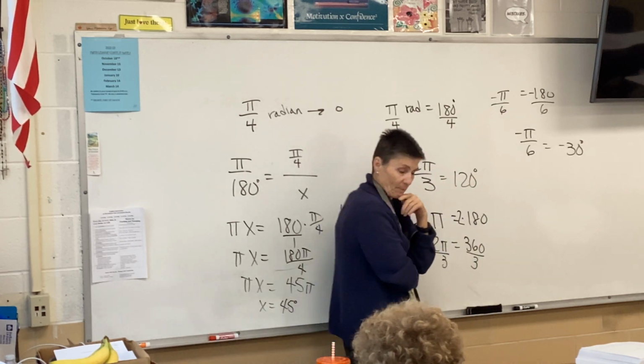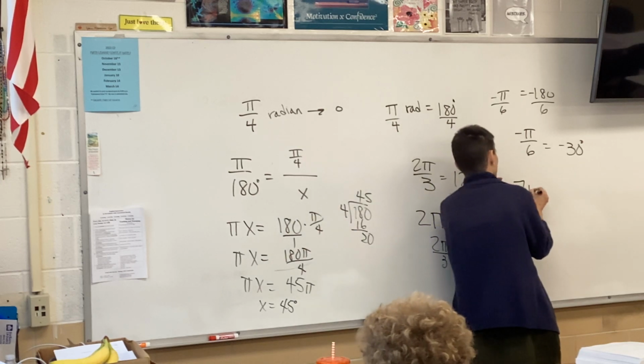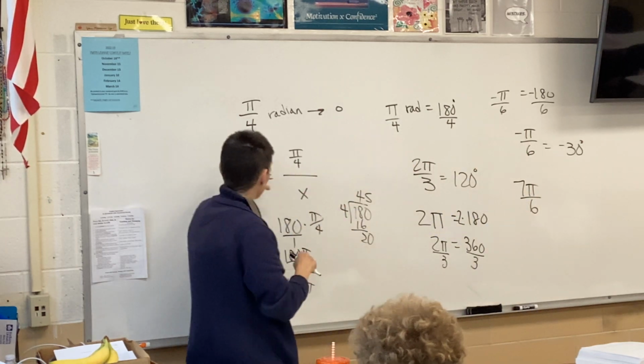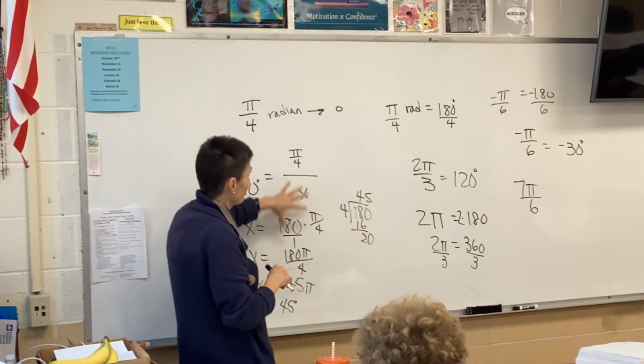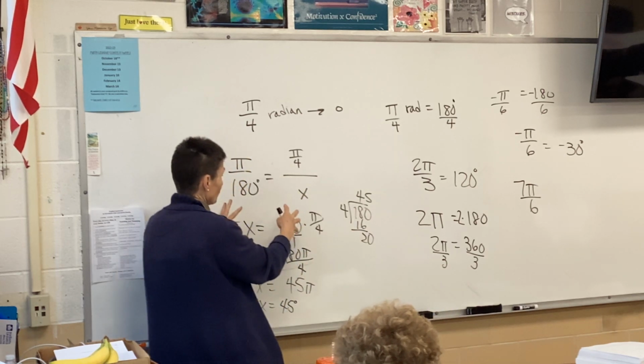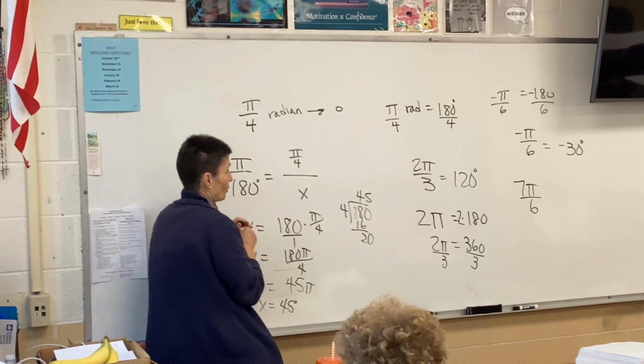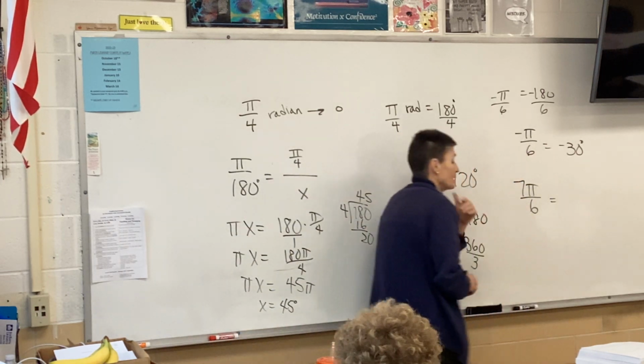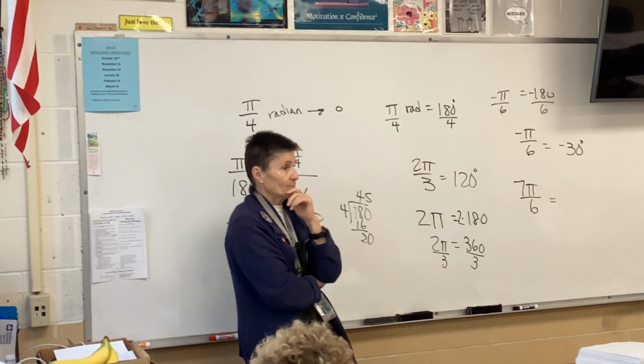All right, try 7 pi over 6. See if you can figure that one out. Either kind of using the shortcut way here or going back and using your proportion. There's a lot more arithmetic with the proportion, but it will always work. See if you can figure out how many degrees 7 pi over 6 is.